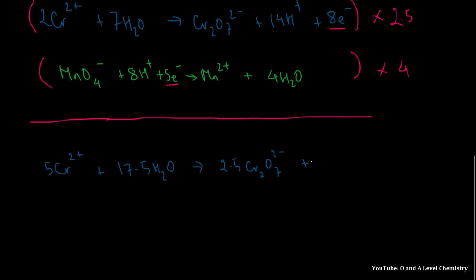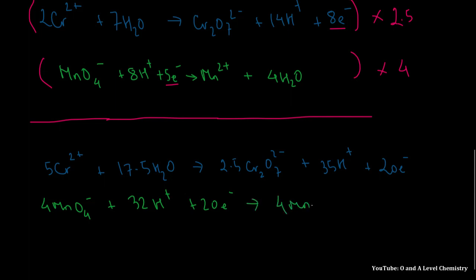Then 14 times 2.5, that is 35 H+. And I have 20 electrons on the right hand side. And for the next one, I multiply everything by 4. So I have 4 MnO4-, 32 H+, and 20 e-. I'm just multiplying all of them by 4, right? So I hope you are getting this. And then I have 4 Mn2+, and I have 16 water.